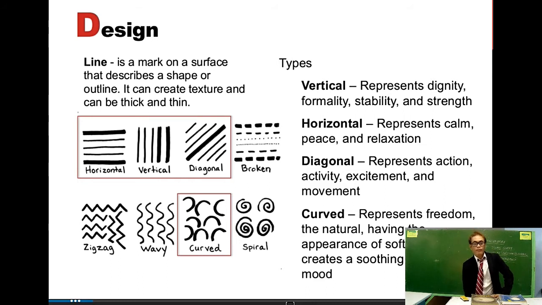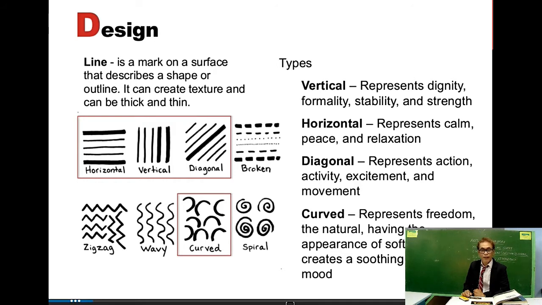Types of lines. There are 4 types of lines. Vertical lines represent dignity, formality, stability, and strength. Horizontal lines represent calm, peace, and relaxation, also stability.